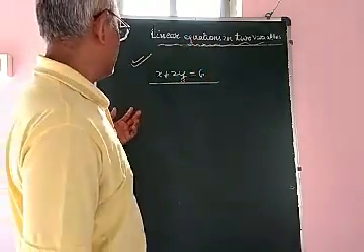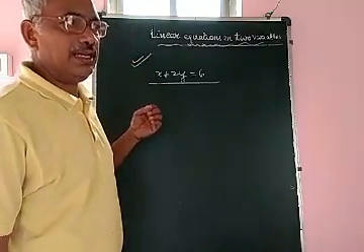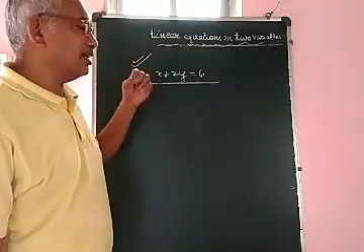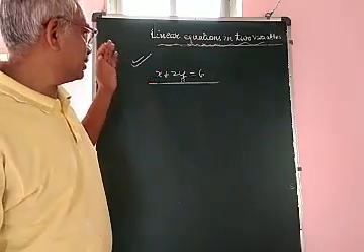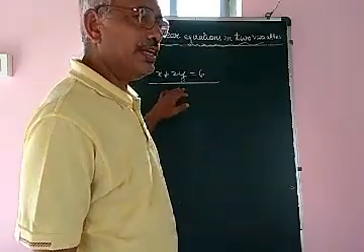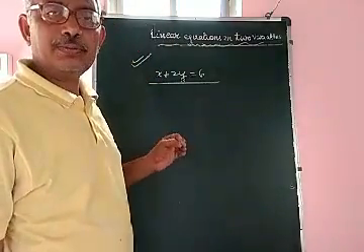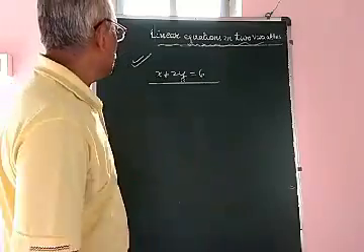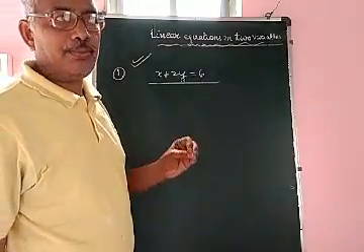The first method is the algebraical method. Algebraically we find the solution of the given equation, and the second is the graphical representation method. So here we first discuss the algebraical method.